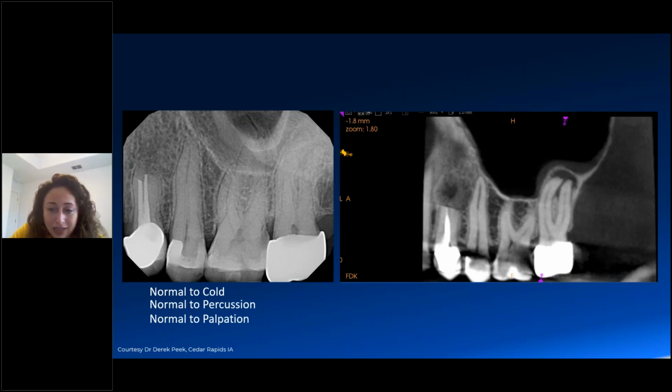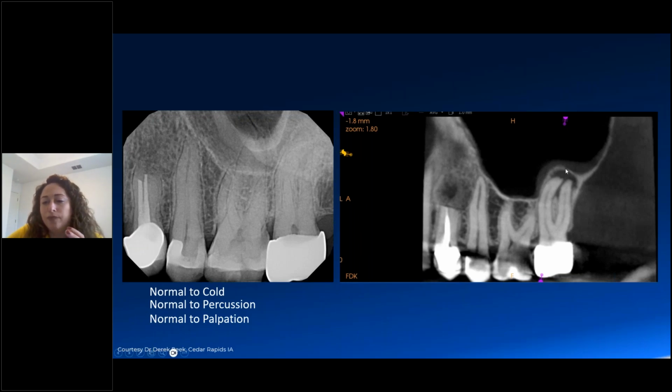You might treat it today, you might treat it in 6 months, you might treat it when the patient actually feels pain. The decision to treat or not, in my opinion, is irrelevant to our diagnosis. It's just as important to understand what we have in the patient's mouth before placing a crown.